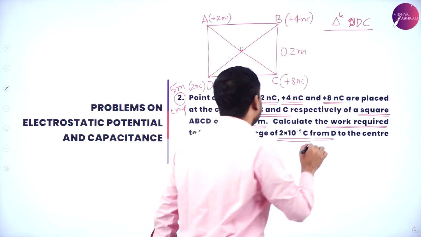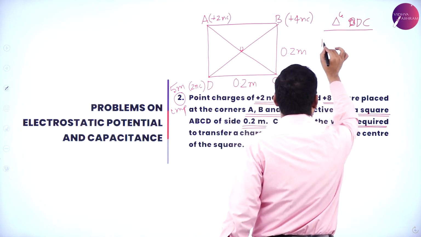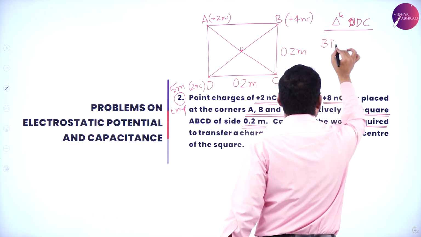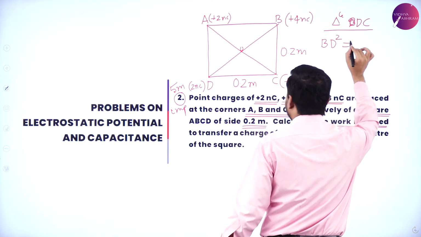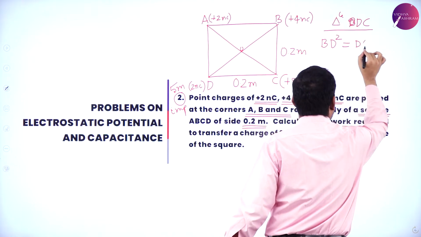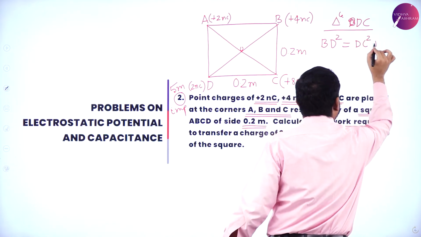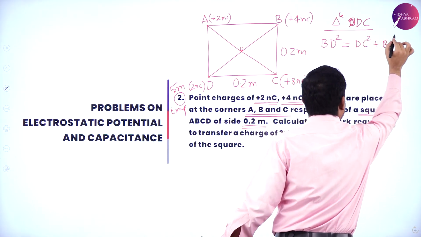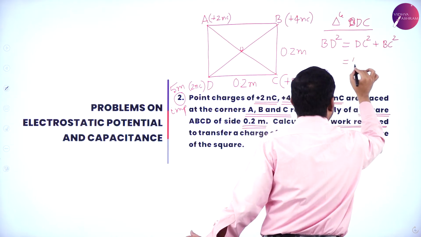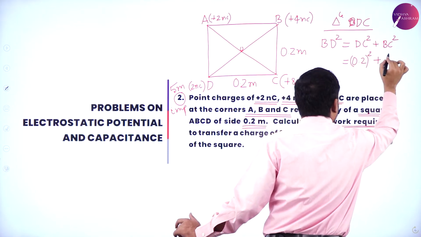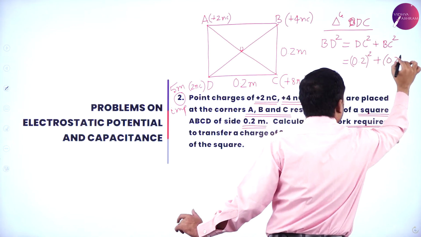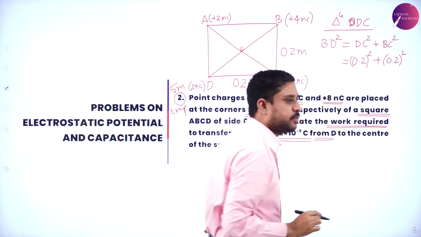BD square equals DC square plus BC square, which is 0.2 whole square plus 0.2 whole square.